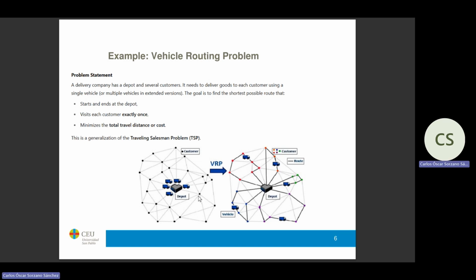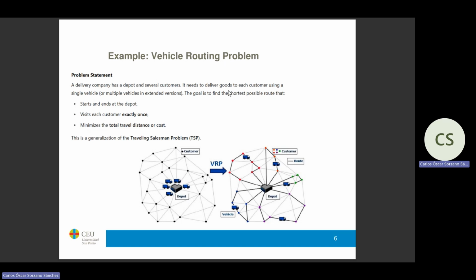Some other example is this one, in which you have a depot. So you are a delivery company that has a depot, and you have several customers. And you need to deliver your goods to each one of the customers using a single vehicle or multiple vehicles. Depending on the version of the problem, you may have one or multiple vehicles.